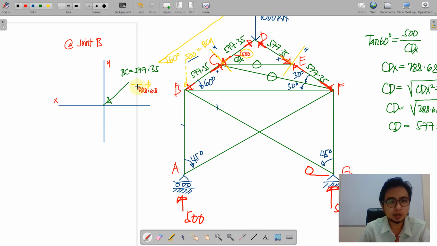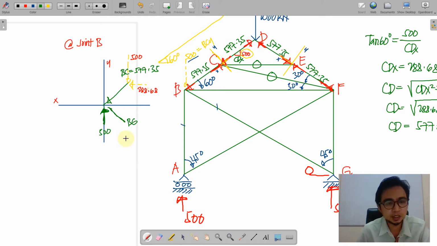That is why we have here a 288.68 following the direction of your BC. So I think we should revise this. So here it is. And a downward component for BC equivalent to 500. We do not bother to have the angle here because we already know the components of BC. We have here an upward force of 500 and a diagonal BG.